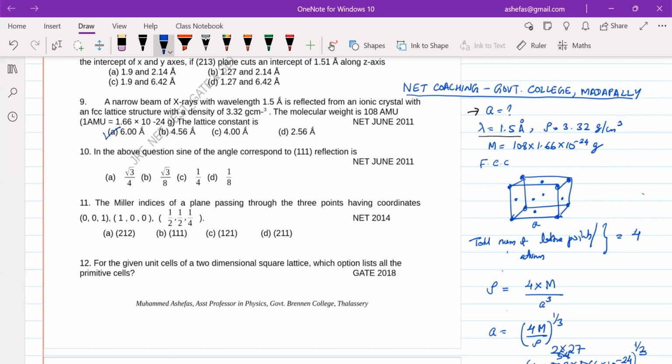So how to find the sine of the angle corresponding to this reflection? This basically comes from Bragg's reflection, so we can have a small discussion about Bragg's reflection now.